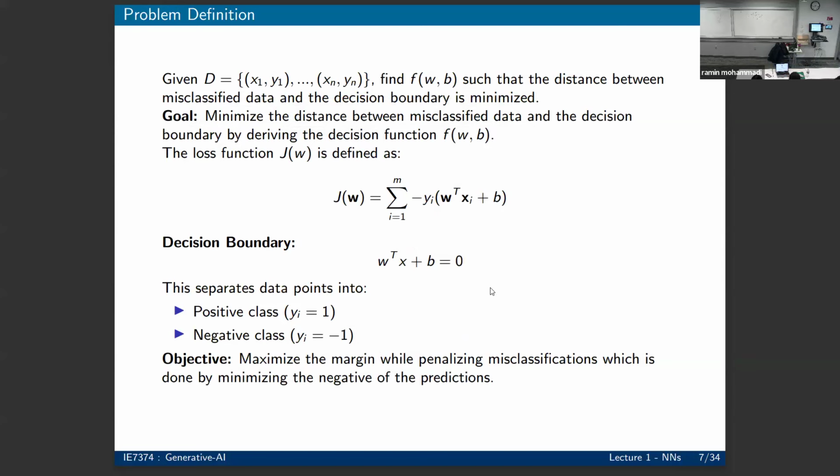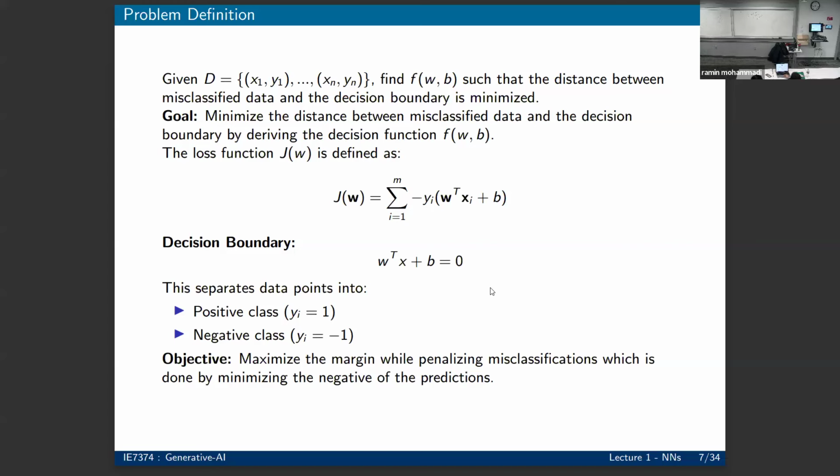Here in perceptron, we try to minimize the distance between misclassified points and the decision boundary. And misclassified here, the objective function that you see. So yi is your label. Here in the perceptron concept, we have it as 1 and -1, similar to SVM. You want to be +1 and -1, not 0 and 1 as in other classifications.